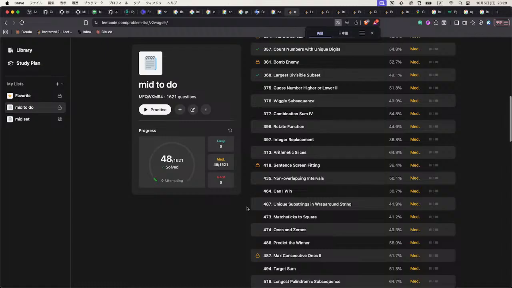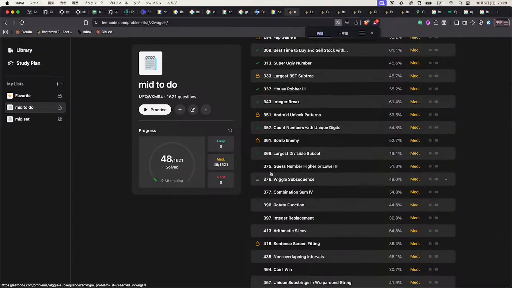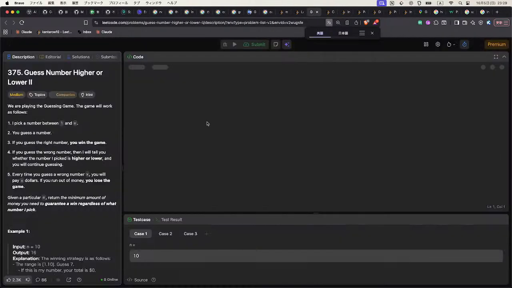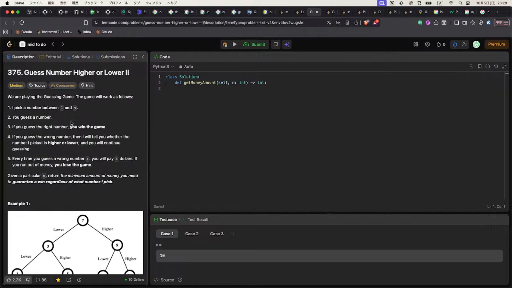I want to solve 2 more problems. Guess Number Higher or Lower. We are playing the guessing game. The game will work as follows. I pick a number between 1 and n. You guess a number. If you guess the right number, you win the game.